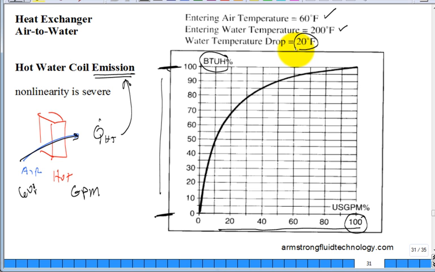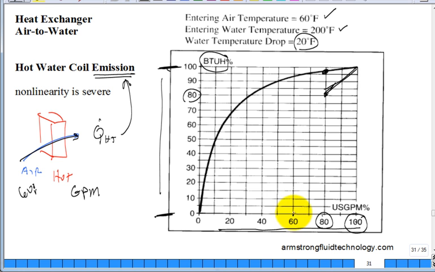But what happens if you don't give it 100% of the flow rate, but the airflow rate hasn't changed? Constant airflow rate. Well, you would think that it went from 100 to 80% of the water flow rate, I must be down here at 80% of the heat transfer. Nope, you're going to be up at 99 something percent or 97%.